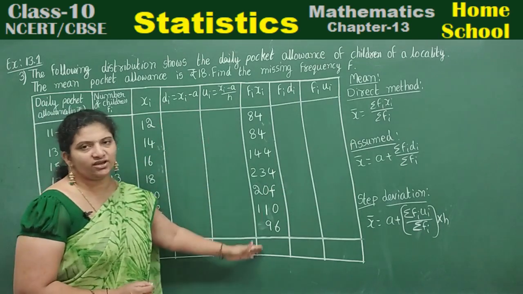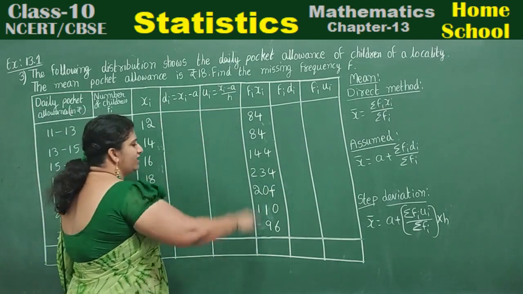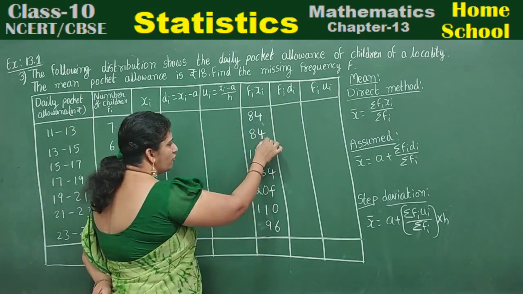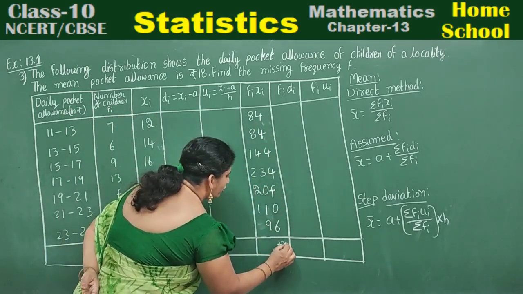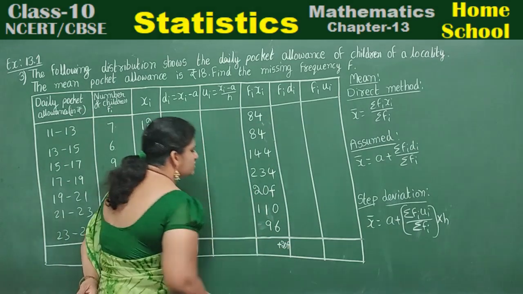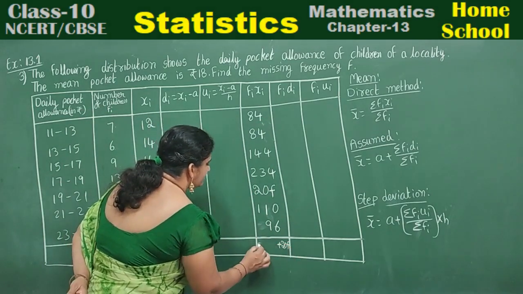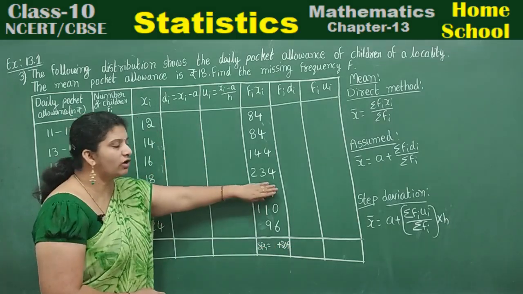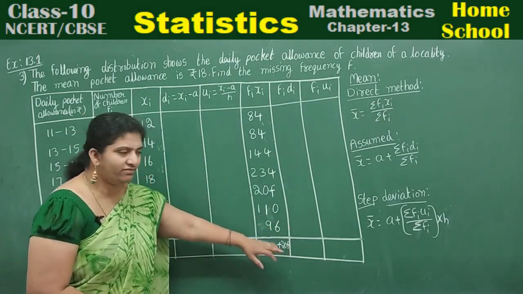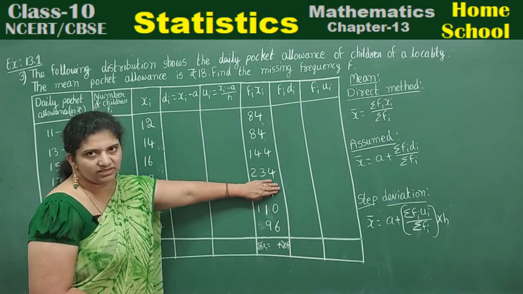Add summation Fi Xi. Add all these. Except this, what you need to do here? You take it as plus 20F on the side. Summation Fi Xi is equal to, you have already written here plus 20F. So while you are adding, you just skip the score.